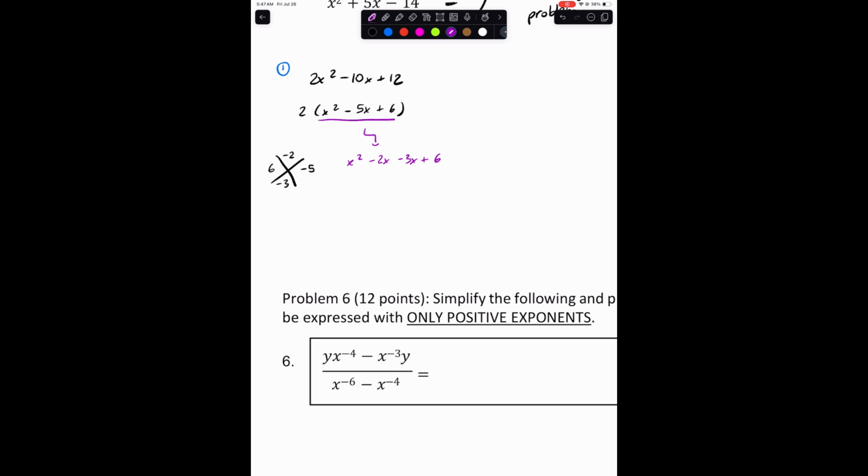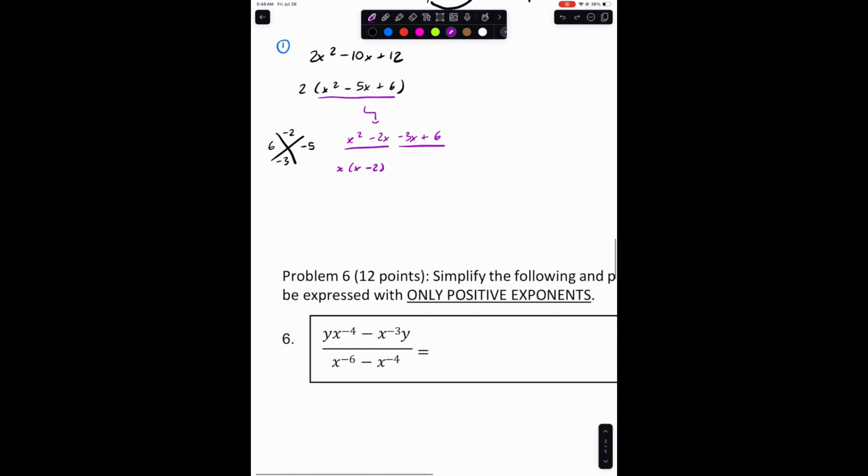Okay, now we group. Left side, to get an x minus 2 remaining. Right side, I want a negative inside, so I want to take out not a positive 3 but a negative 3 to ensure that I have an x minus 2.